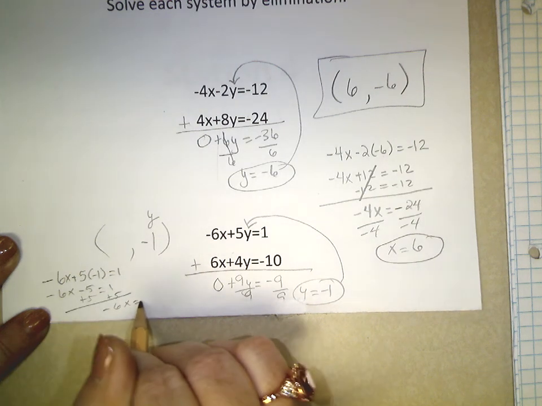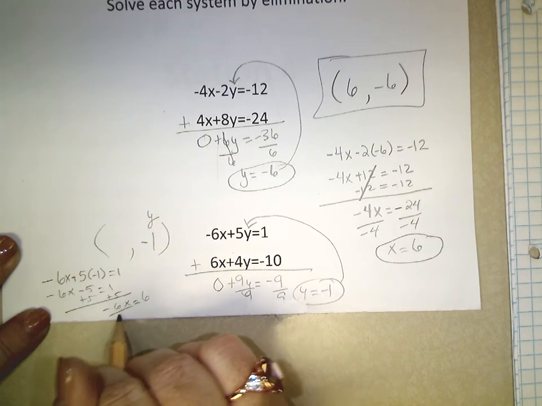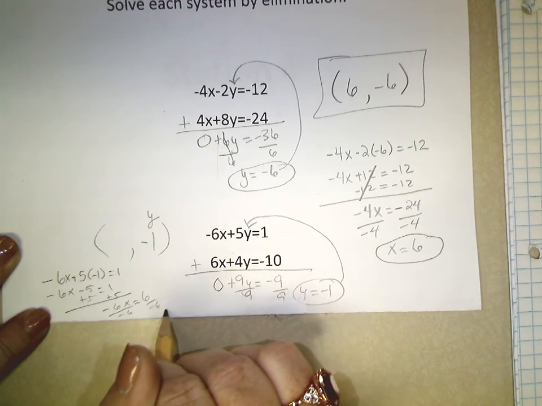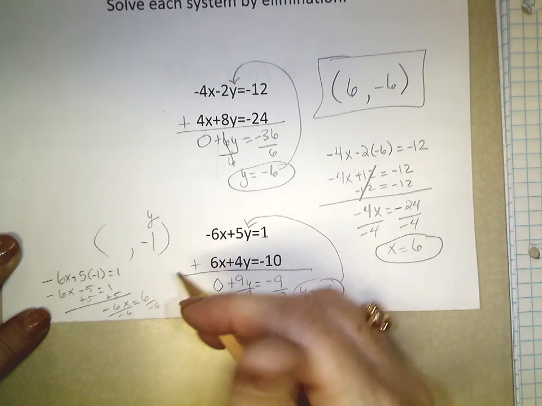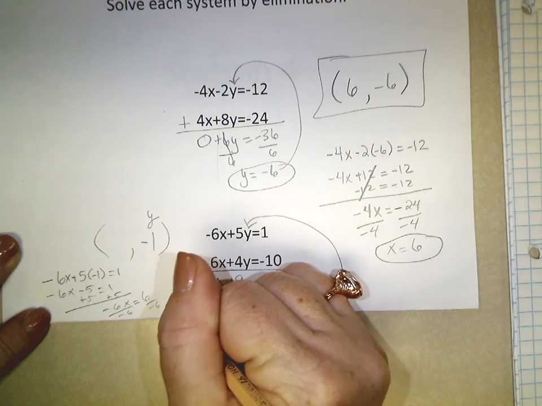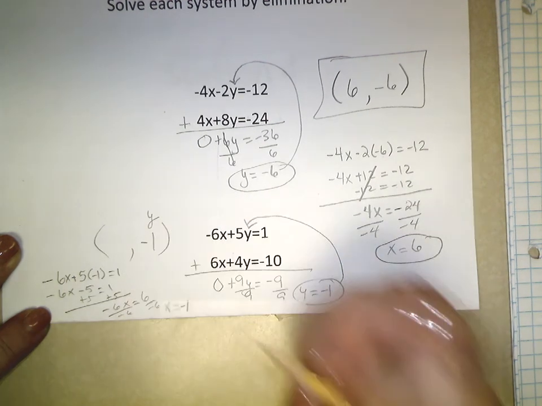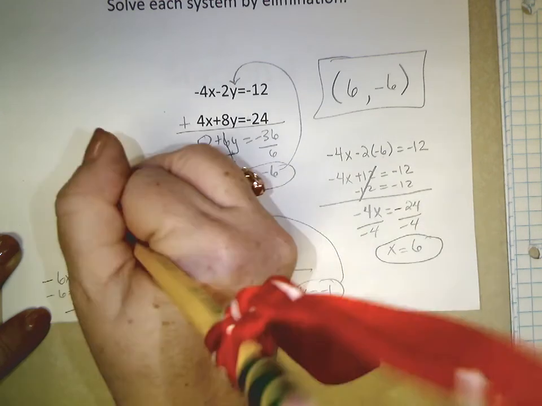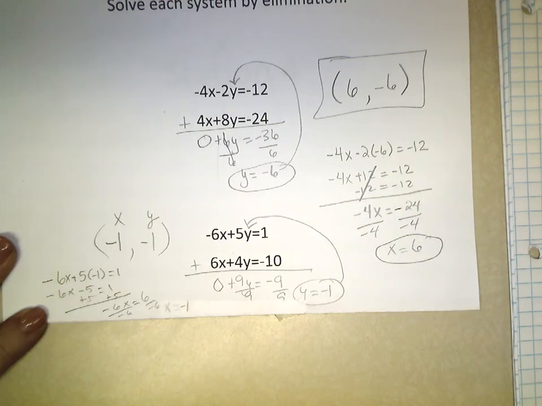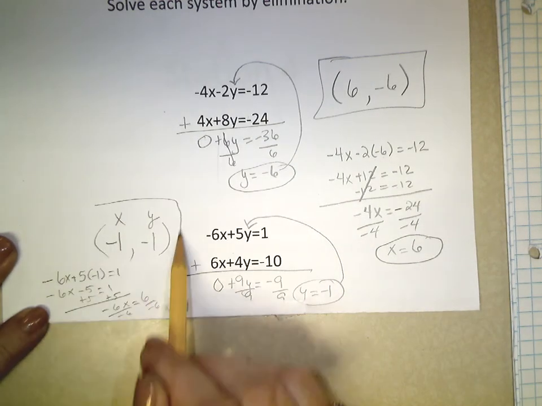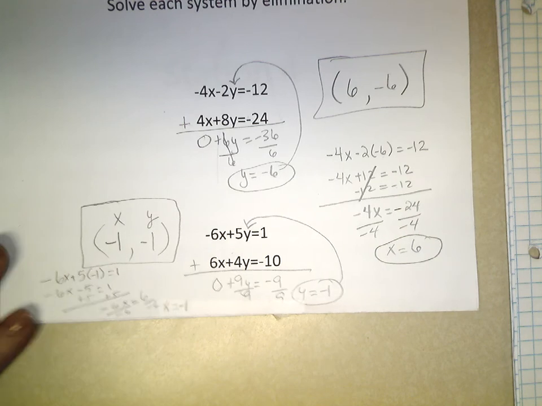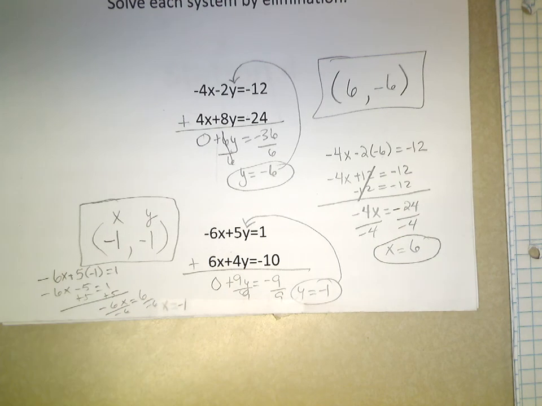Negative 6x equals 6. Divide both sides by negative 6. X equals negative 1. So our x value is negative 1. Our y value is negative 1. There's our point of intersection. There's a solution to elimination for those two linear equations.